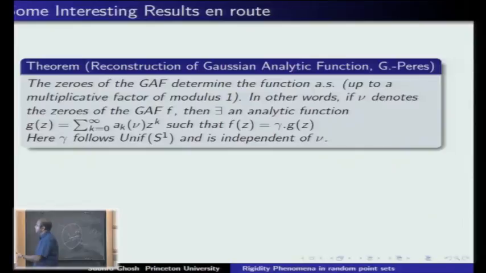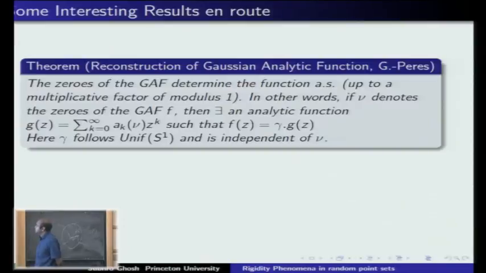One of them is recovery of the Gaussian analytic function from its zeros. If you are given the zeros of a polynomial, it is possible to recover the polynomial only up to a constant. If it is an entire function, then we can do some Weierstrass theorem type results, and then we can, in some sense, recover the entire function up to a multiplier, which is another entire function.